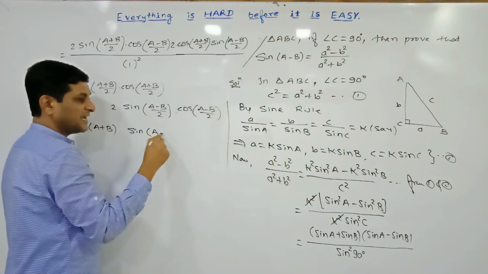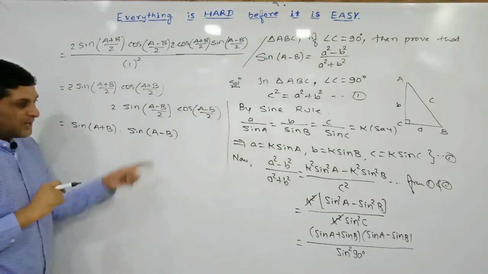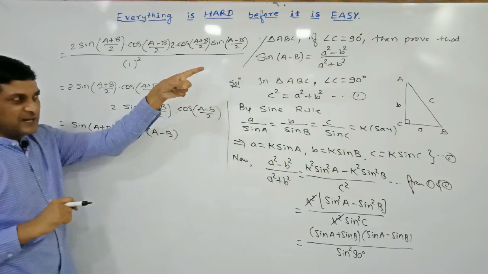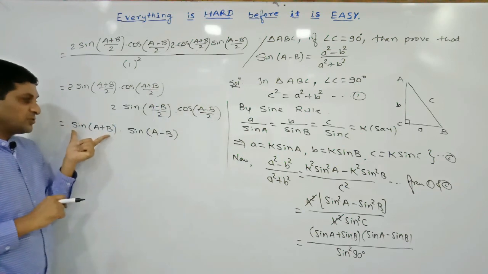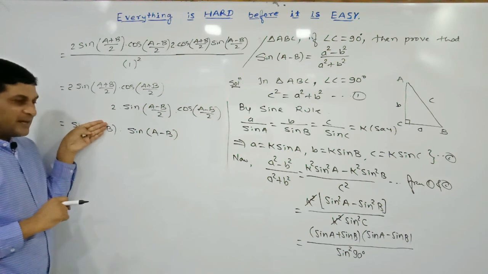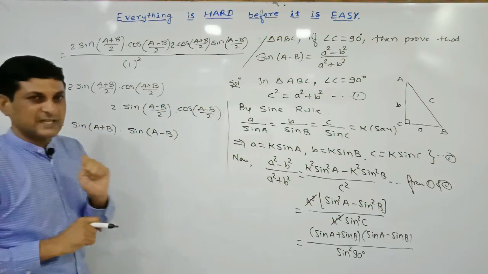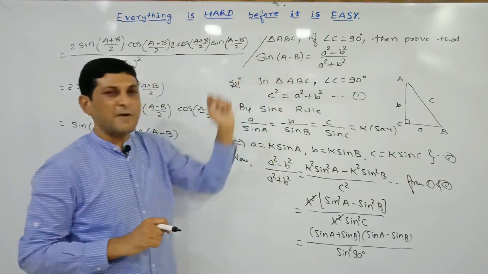Theta is A minus B here. This result we have got applying the half angle formula, and sin (A minus B) is our required result. Now we have to show that the value of this term will be equal to 1, into sin (A minus B), which is our required result.